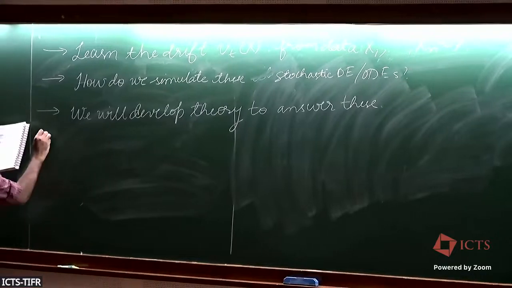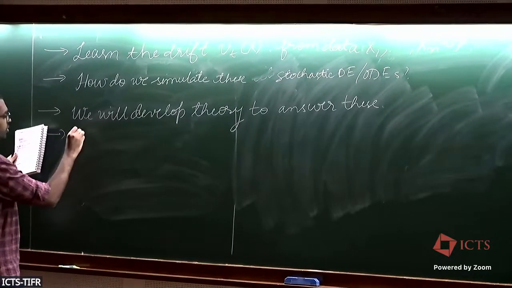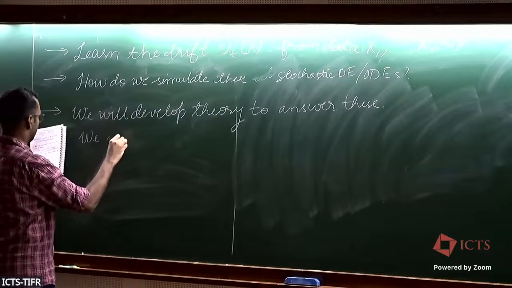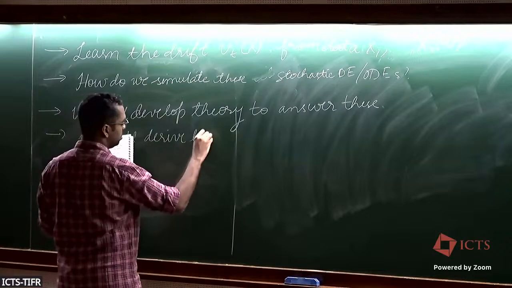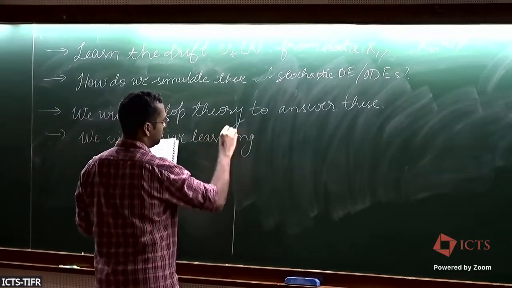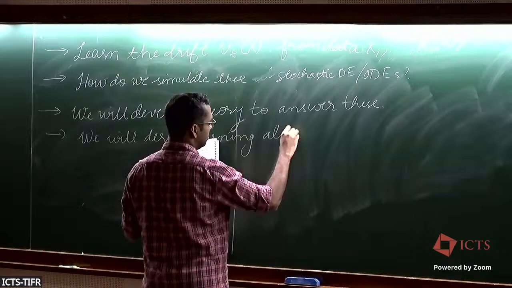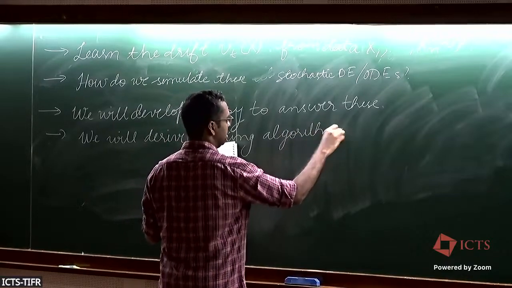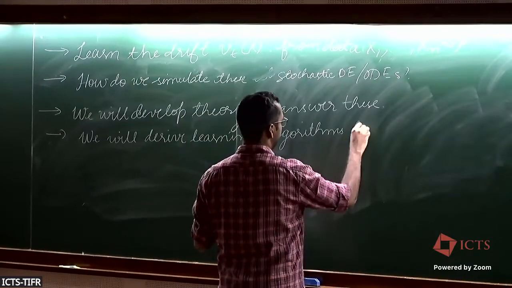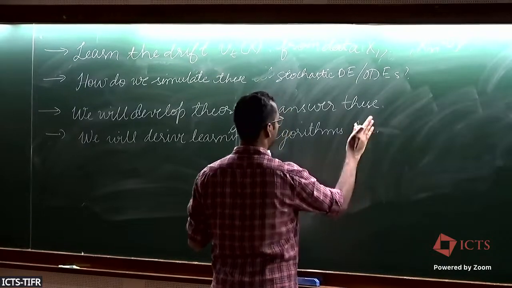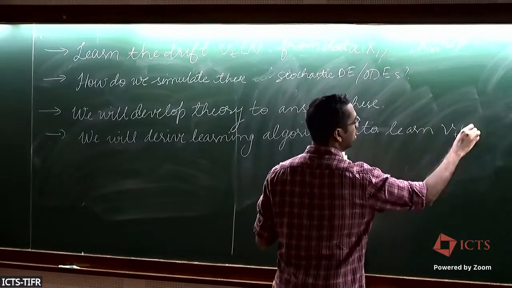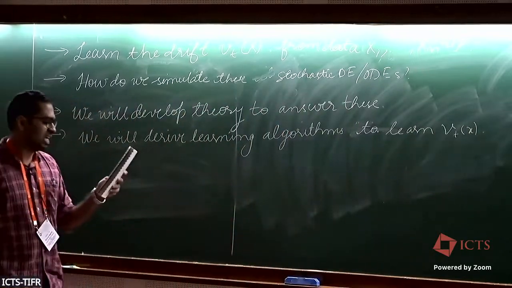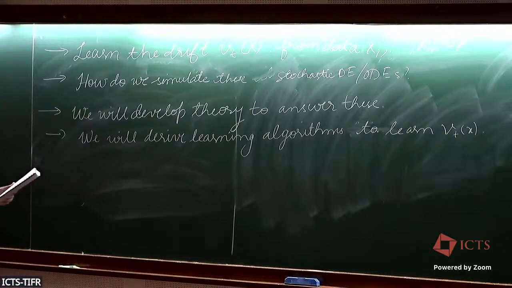The second thing we'll do is derive learning algorithms to answer these questions. And then if time permits, I'll try to show how to do discretization of these and do inference.